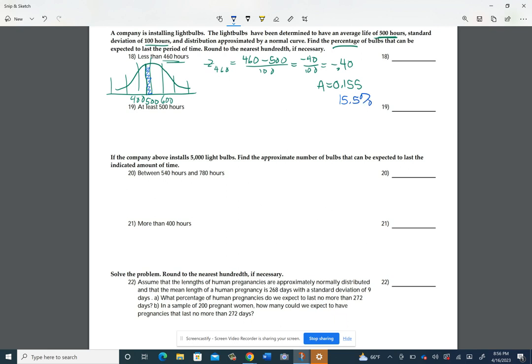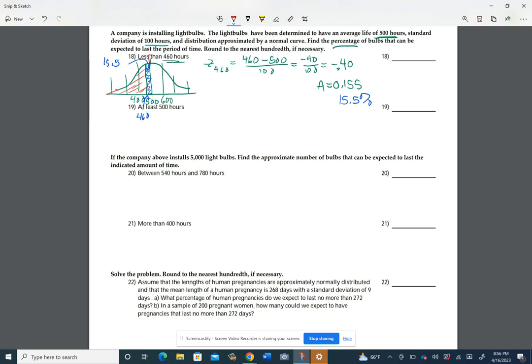Okay. But you have to be careful. That 15.5% represents this. From the Z-score to the mean is 15.5. But they want to know less than that amount. So remember, this spot right here is the 460, right? So what we're supposed to find, let me do it with red, is actually from that value down here.